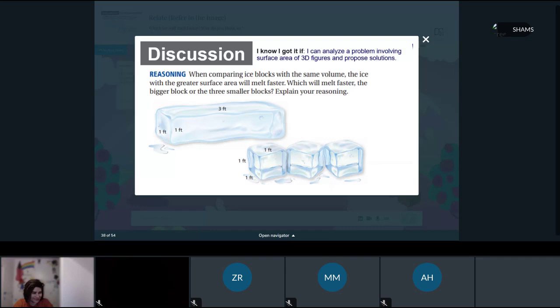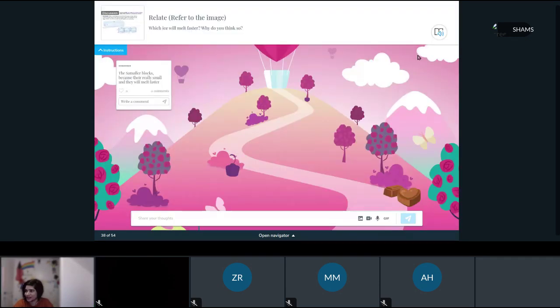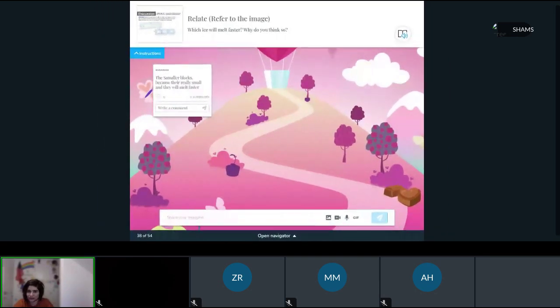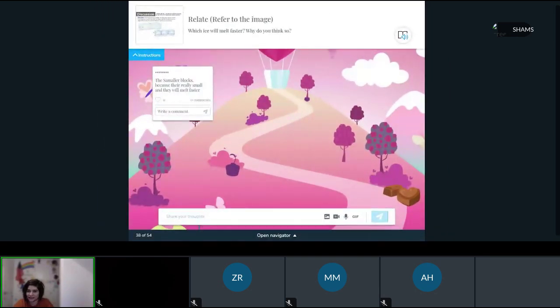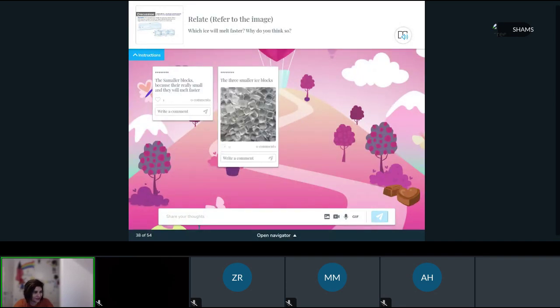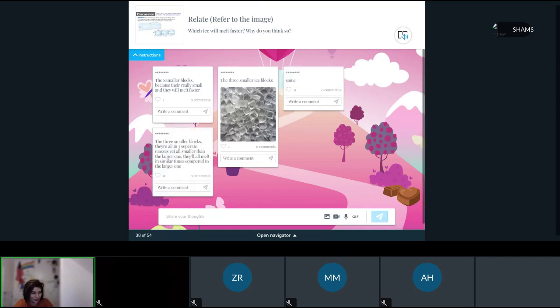Excel thinks the smaller blocks, because they are really small and they will melt faster. Braden thinks the smaller blocks. Blessing thinks same time. Ben thinks the three smaller blocks, because they are three separate masses, yet all smaller than the larger one. Ben, you explained that very well.